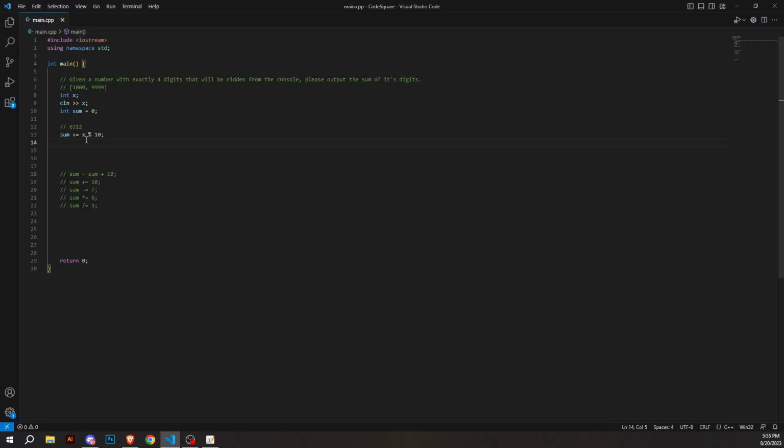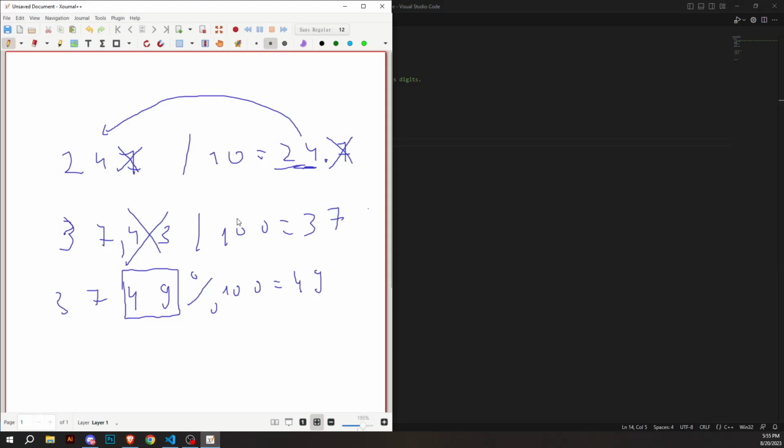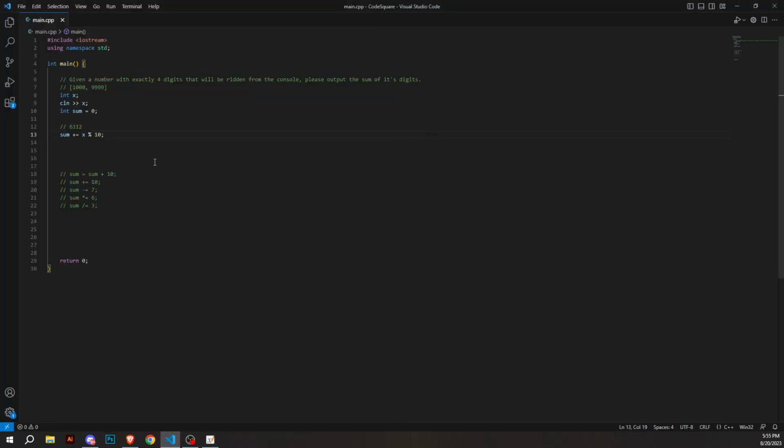The first one is actually related to what I said earlier, that if we want to actually get rid of some digit, the last digit actually, we need to divide the number by 10. What do I mean by that?